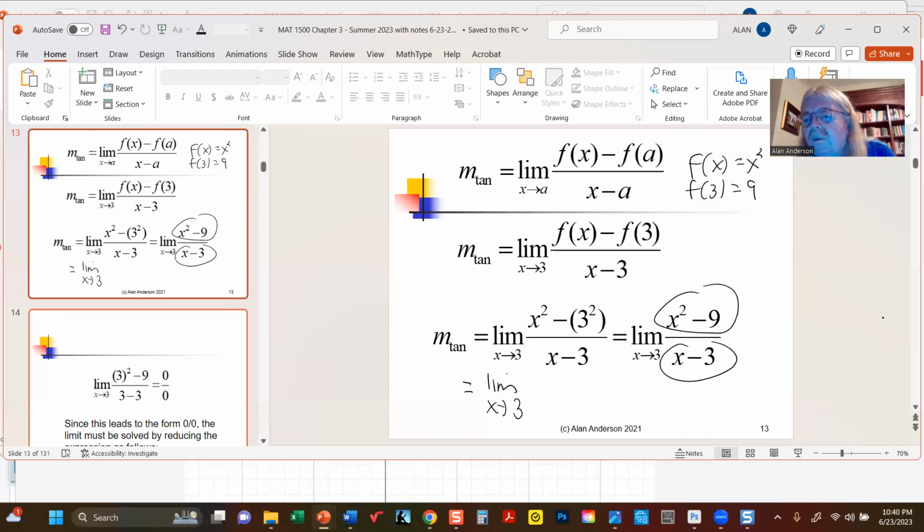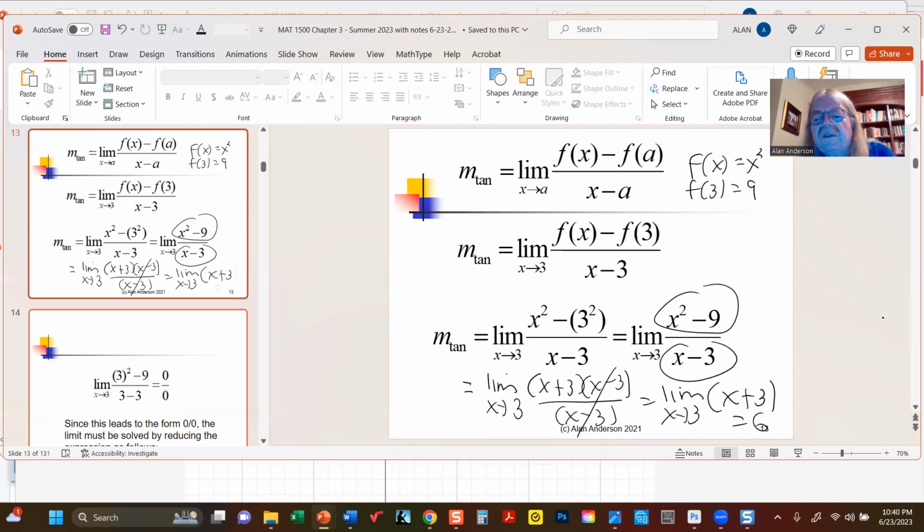So if you have one where there's 0 over 0, you can replace it with a different function. Here, for example, we can replace this function with this one. So you actually end up with 6.